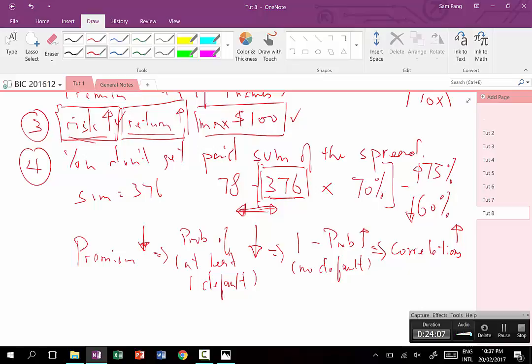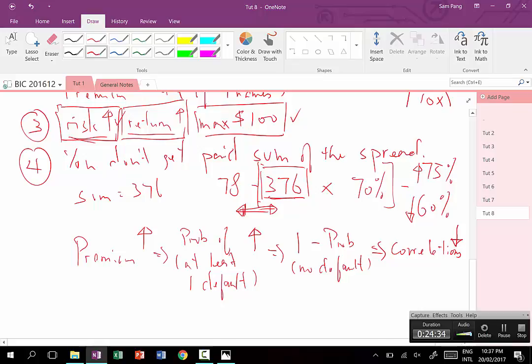Maybe it's easier if I do it the other way around. If a basket is uncorrelated, so you've got a rag bag of a lot of different companies, all shapes and sizes and different businesses, when the correlation is low, the probability that some company in the basket will get in trouble is actually higher, and as a result you get paid more.